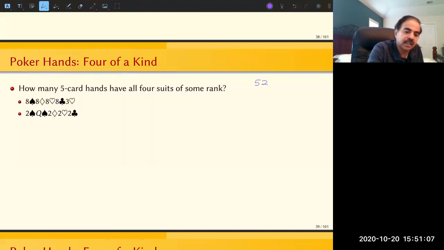The card deck has 52 cards, right? 4 suits and 13 ranks per suit, and the 13 ranks are 2, 3, 4, 5, 6, 7, 8, 9, Jack, Queen, King, and Ace, right?